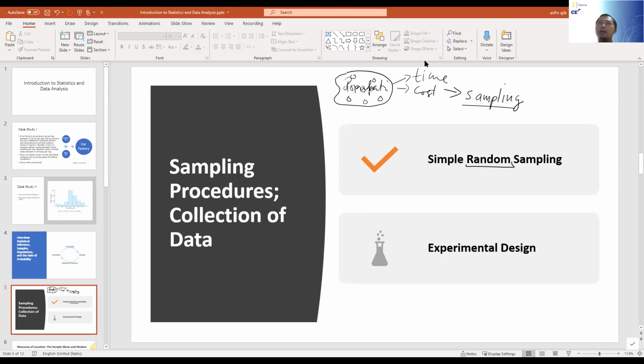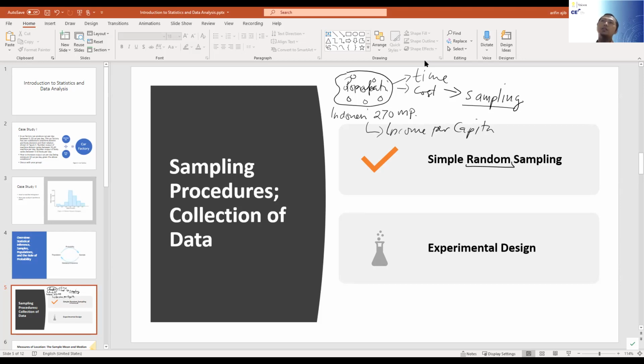For example, the Indonesian population consists of 270 million people, and we want to know the information about income per capita.